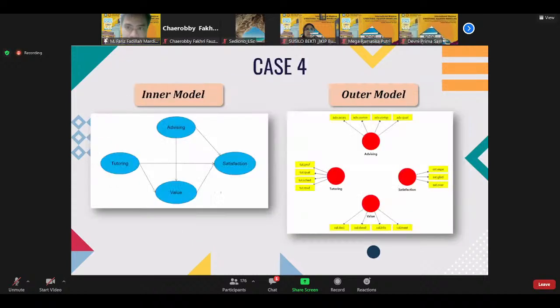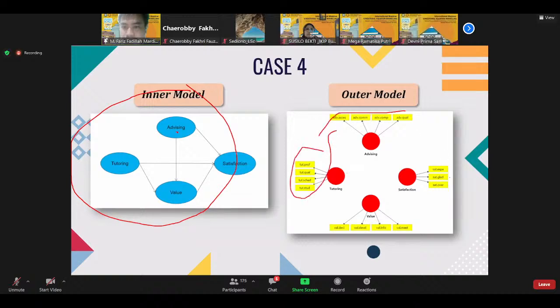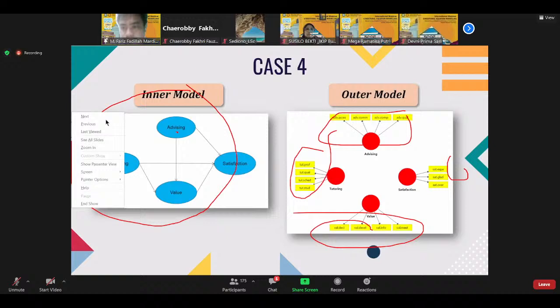The left is the inner model, and the outer model is the exogenous or endogenous variable with the manifest, or the indicator.